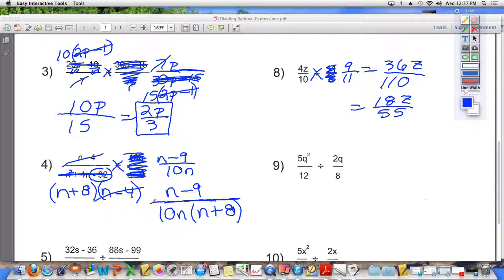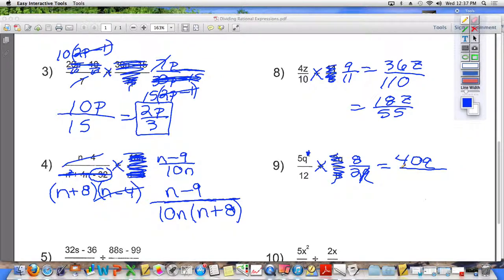Number 9, change it to a times. The reciprocal is 8 over 2q. Get rid of that. I have a q on the bottom. I can get rid of one of the q's on the top, so I'm going to get rid of that power of 2 there. 5q times 8 is 40q.